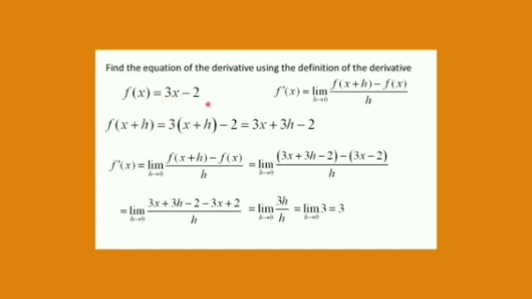So I will not be using this definition all the time to find the derivative; rather I will be using the formulas, like you do in trigonometry, like x plus a whole square, x plus a whole cube. Every time you are not solving them, you are directly using them, like x minus a into x plus a. You are not solving it all the time, you are using it.